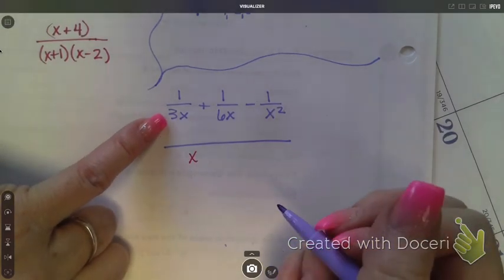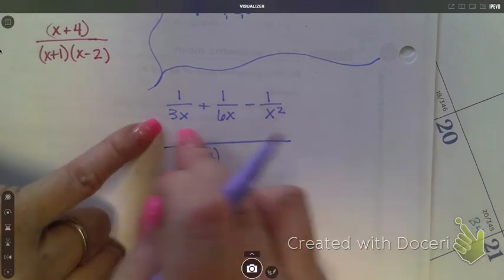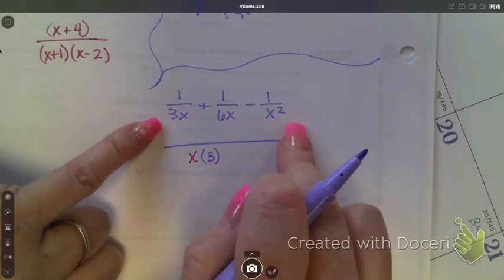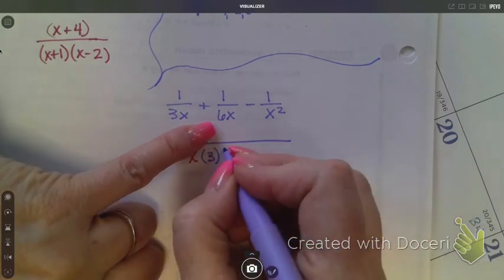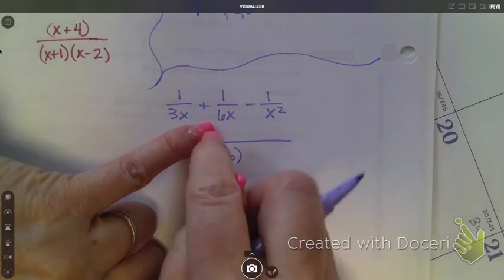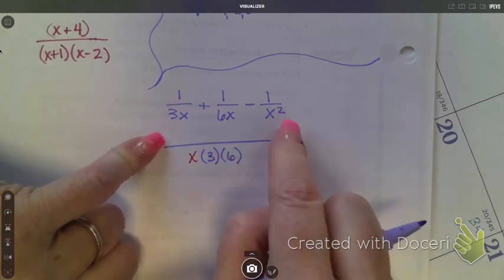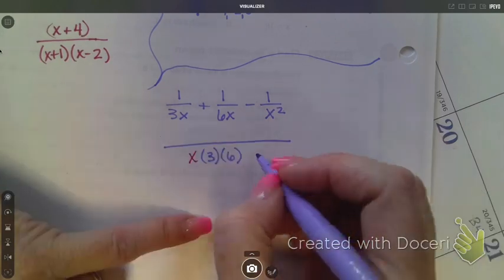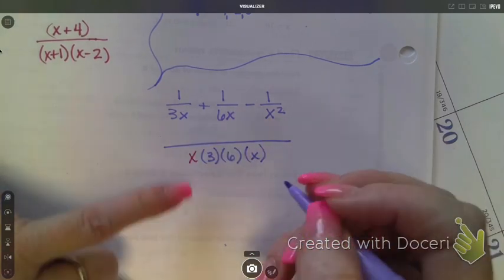But does everything have a 3? No. Okay. What else does this one have? A 6. I don't care if 3 and 6 go together because they all have to have it, yes? Okay. What else does this one have? An x. Minus 1. Because we had 2 x's.